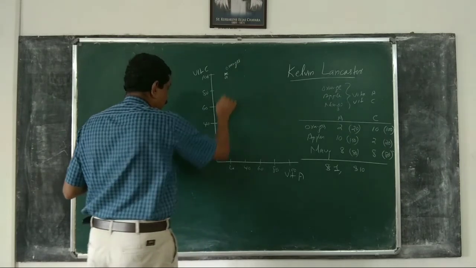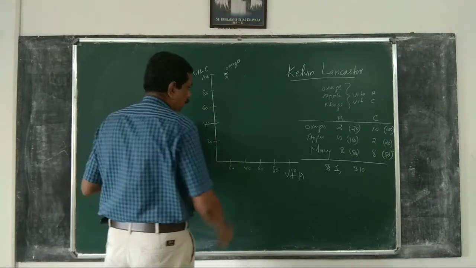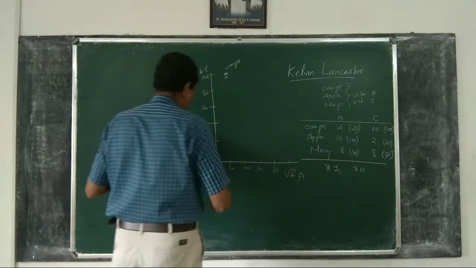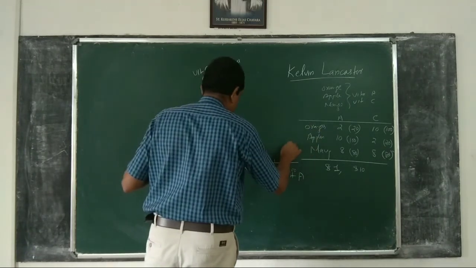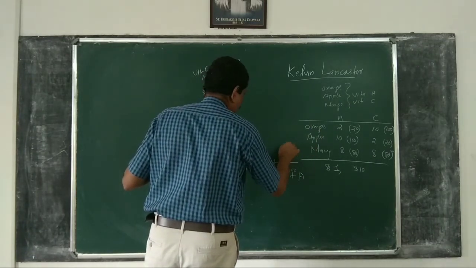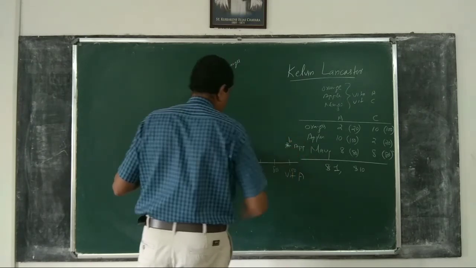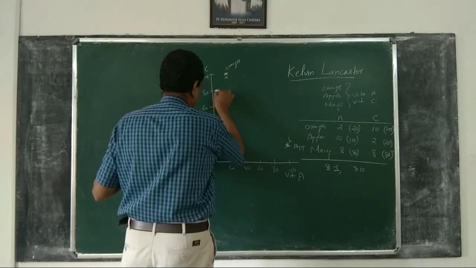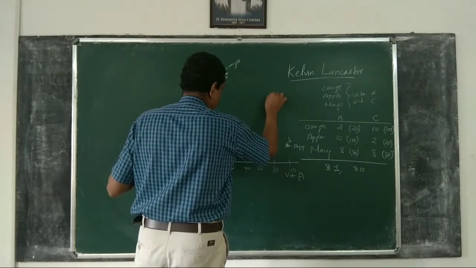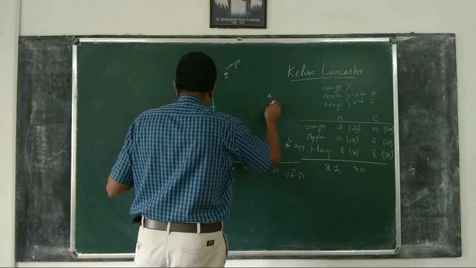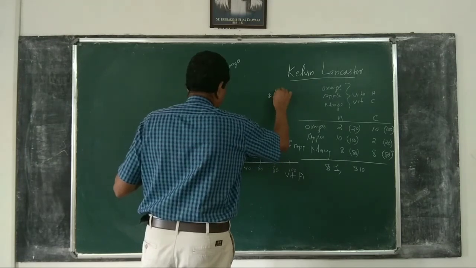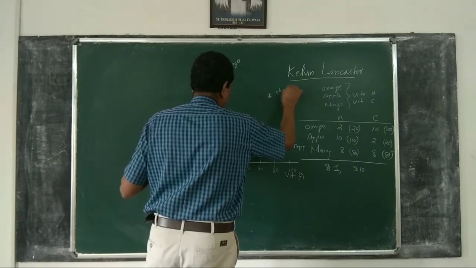And 100 and 20 from apples. Let it be point B. And 80 and 80 from mangoes. Let it be point C.